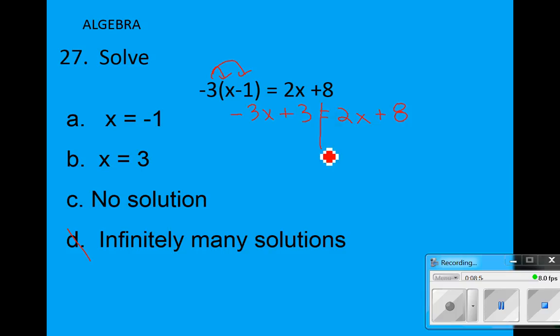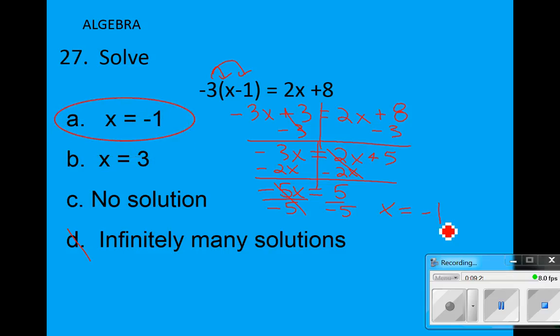I'm going to subtract 3 on both sides to solve the equation. Negative 3x equals 2x plus 5. Subtract 2x on both sides. Negative 5x equals 5. I can divide negative 5 on both sides. X equals negative 1. So my answer choice would be A.